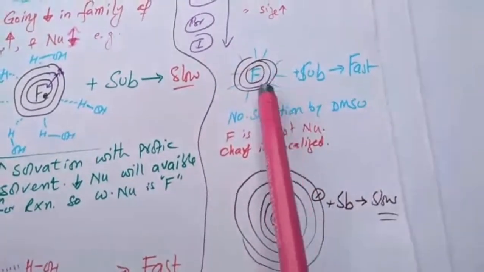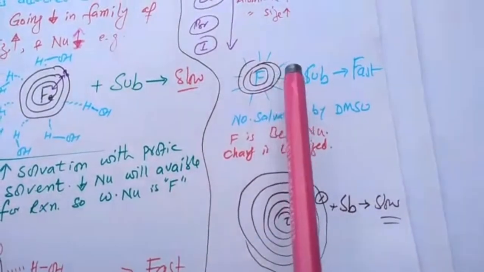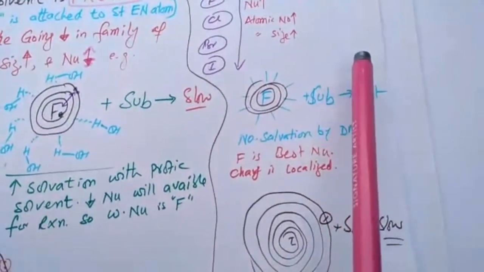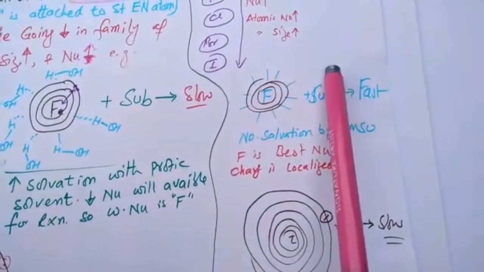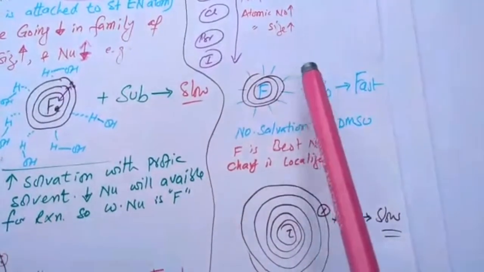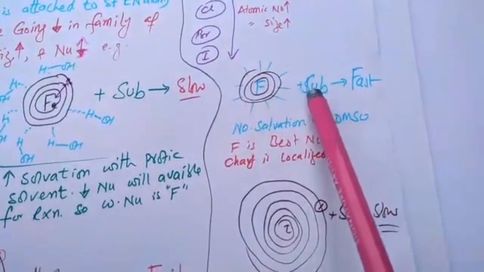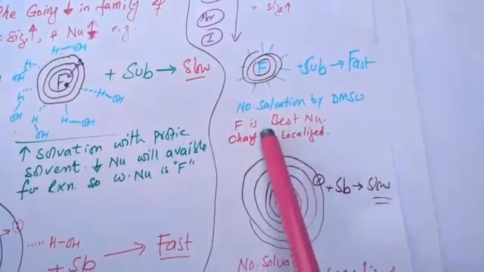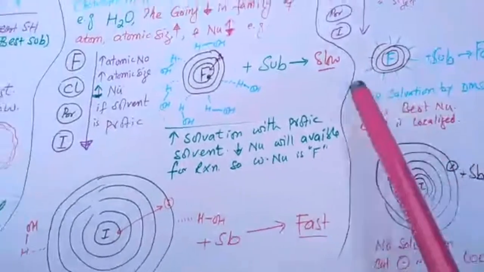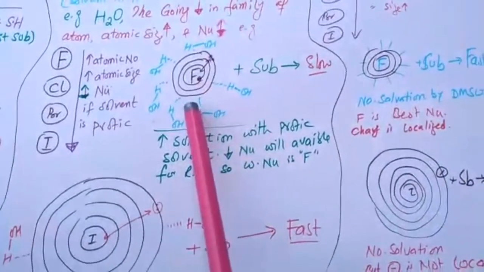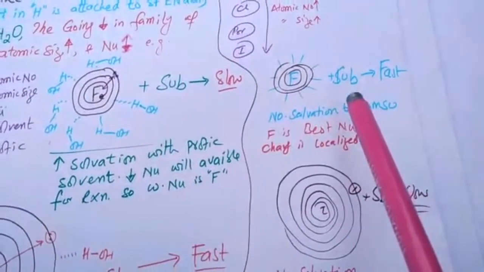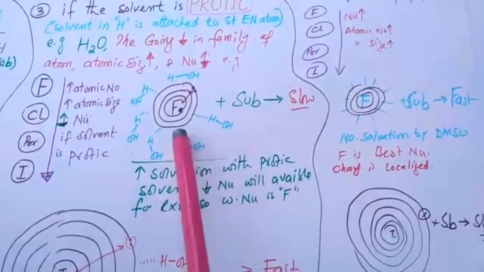Fluorine is not well solvated because the hydrogen of the solvent is not directly connected to an electronegative atom. So there is no solvation, and these outermost electrons are localized. They can easily react with the substrate and the reaction is fast. This one is a good nucleophile. This was the bad nucleophile if the solvent is protic, but if the solvent is aprotic, this is the best nucleophile. If the solvent is protic, this is bad.